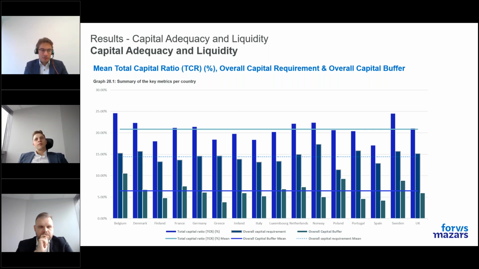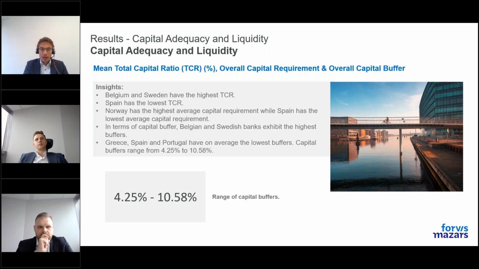Regarding capital buffers, Belgian and Swedish banks exhibit the highest buffers, while Greek, Spanish and Portuguese institutions exhibit the lowest buffers, which generally range from 4.25% to 10.58%.